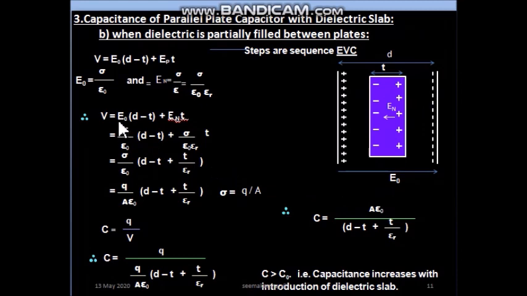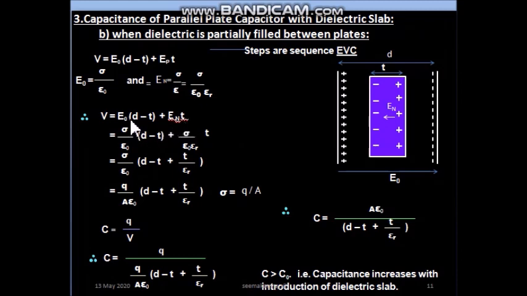That means the first voltage, V1, will be obtained by multiplying E0 with D minus T, and the second voltage is present here, so we will multiply En with its thickness T, because En is available till the thickness T, that means inside the dielectric. So we multiply En with T.